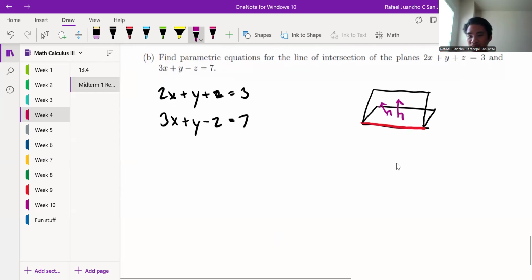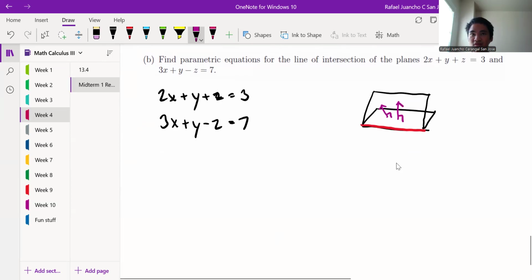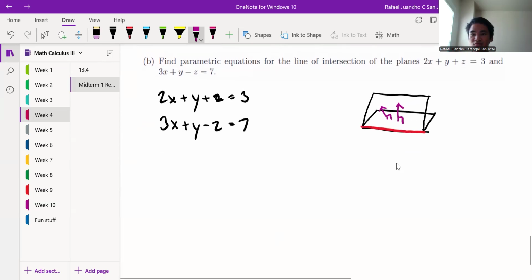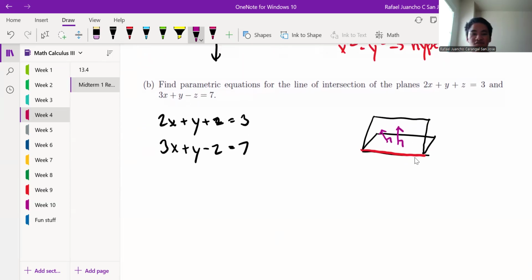Well, we need to find a direction vector of this line. Yeah, we need to do that. But how do we do that? Well, we can get their cross product, right?